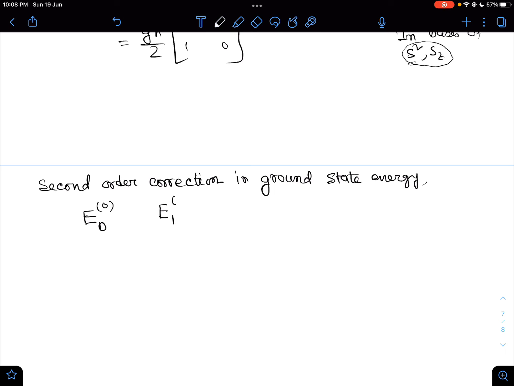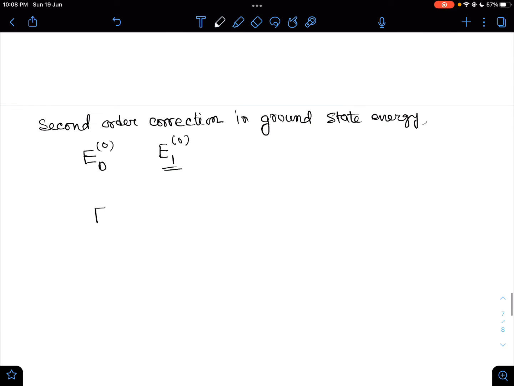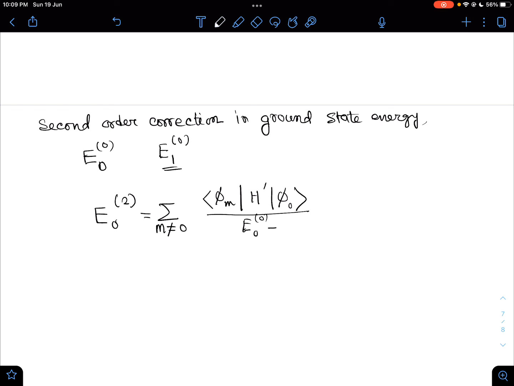That energy we are representing as E1 0, that means the energy of the first excited state. Then the correction in the ground state energy is given by this formula. So summation over m not equal to 0, we will have psi m, our perturbative Hamiltonian, psi 0, squared, and in the denominator we will have E0 0 minus Em 0.